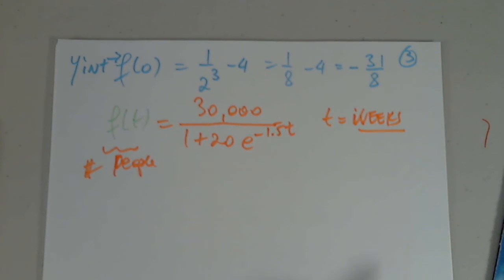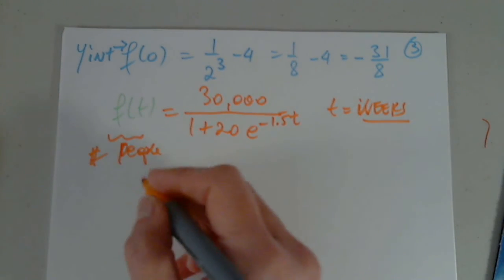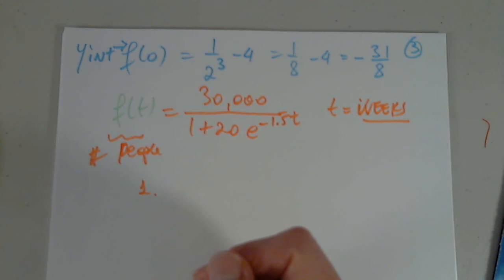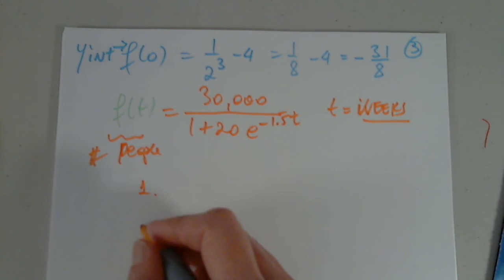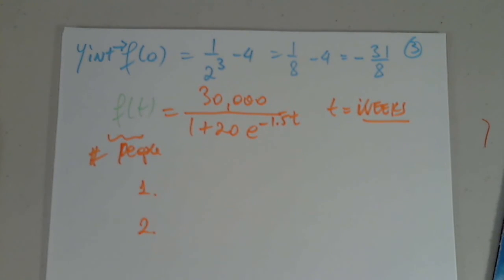How many people became ill when the epidemic began? How many people were ill by the end of the 4th week? And then what is the limiting size of the population? So how do we determine the number of people who became ill at the very beginning?